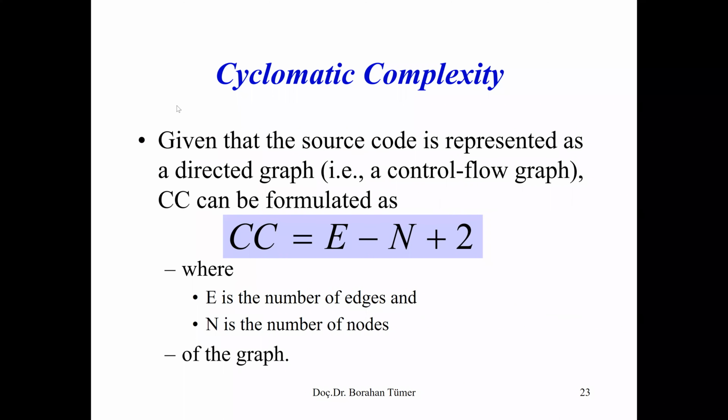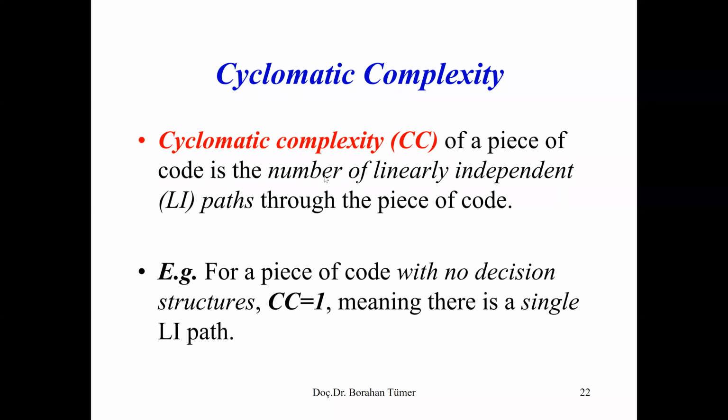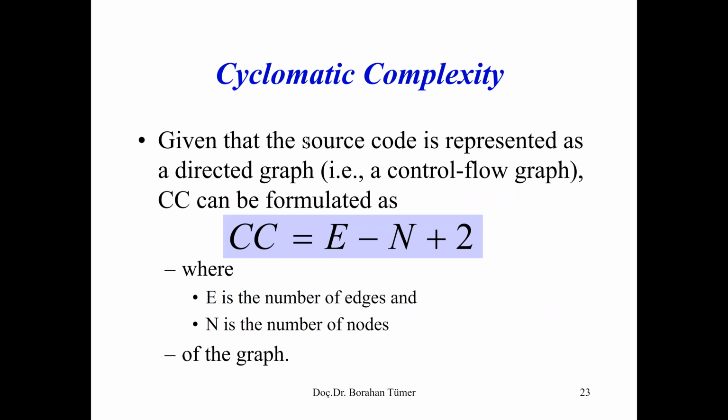So that means cyclomatic complexity of a piece of code is the number of its linearly independent paths. Well, what is the formula for the cyclomatic complexity? Given that the source code is represented as a directed graph, that is to say a control flow graph, then the cyclomatic complexity can be formulated as the number of edges in that control flow graph minus the number of nodes plus 2.